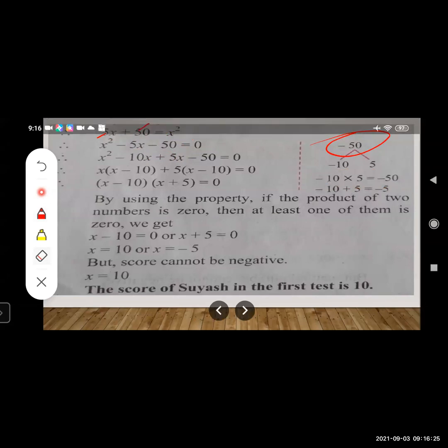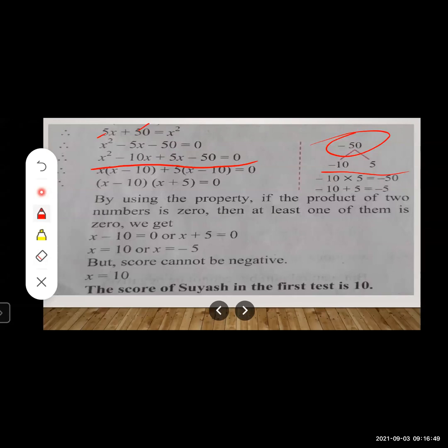These are the perfect factors, because I get the middle term and also the last term. So I can use these factors for rearranging. After taking these factors, how will I use them? See, x square minus 10x plus 5x minus 50 is equal to 0.